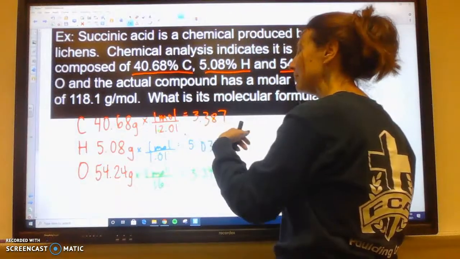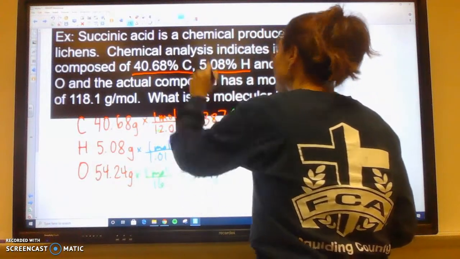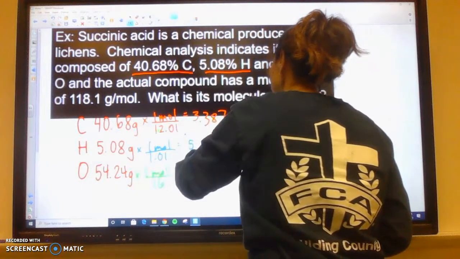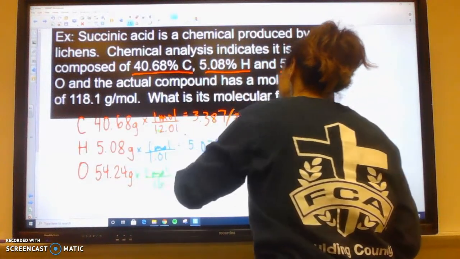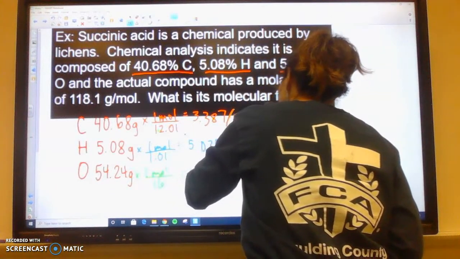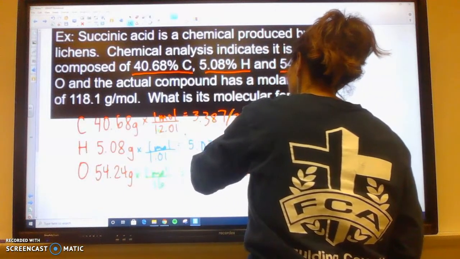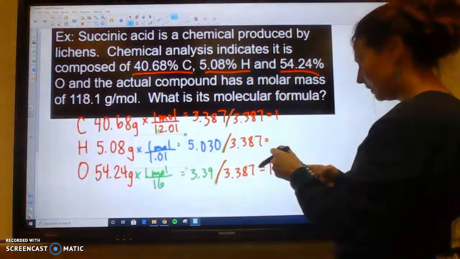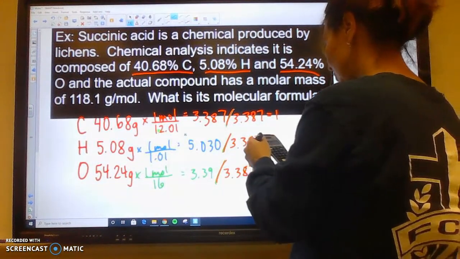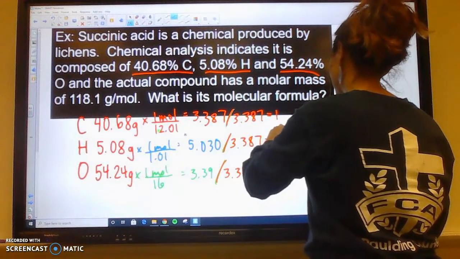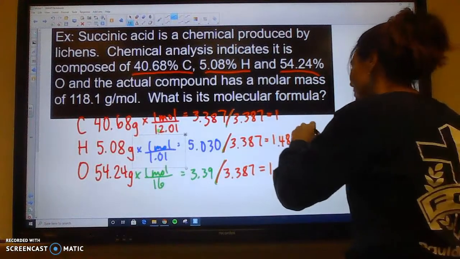And then the next step, the 3rd step, is to divide by the smallest one. Well, they're all really close to this one that's in red, okay? So we'll do 3.387. That gives us a 1. This is going to give us just about a 1, and then this one right here is going to give us, I think it's really close to 2, maybe 1 point something. Yeah, 1.485. So we can't round this because that first decimal place is a 1. Let's try to multiply.